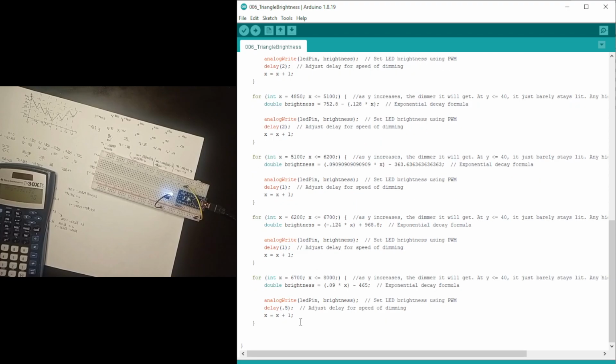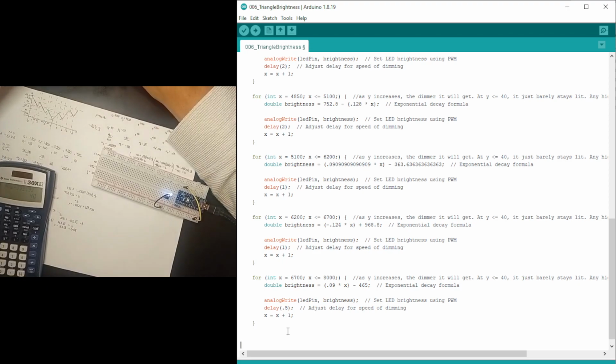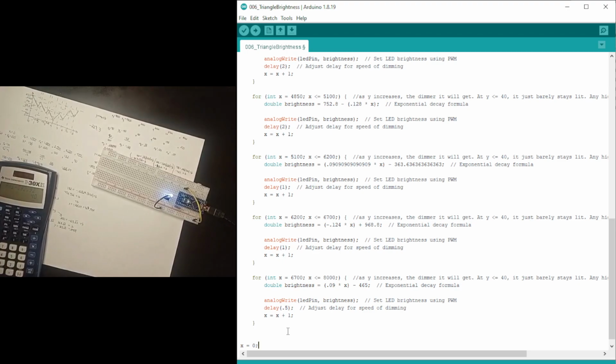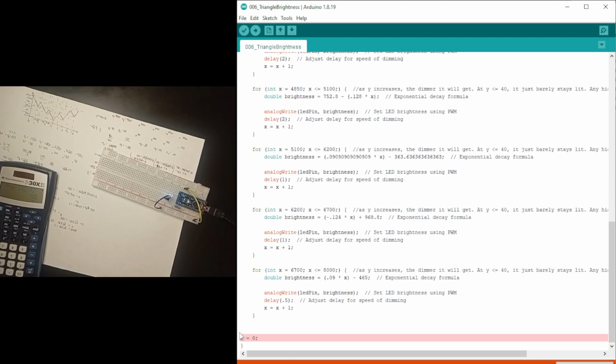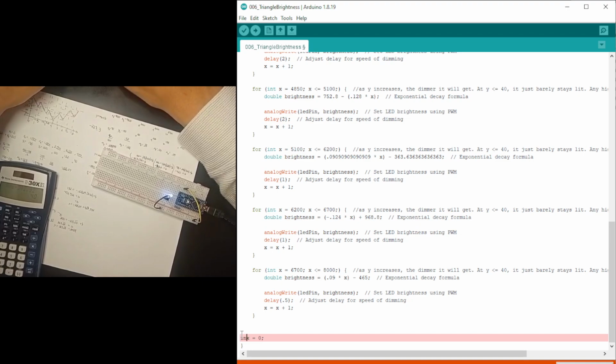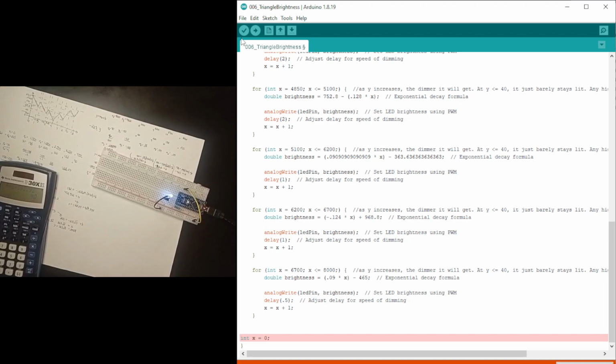Oh, you know what? And then at the very end, what we're gonna have to do is say x equals 0. So that way it sufficiently resets. What? X was not declared in the scope. You said int X. Okay. Int X equals 0. Now what?